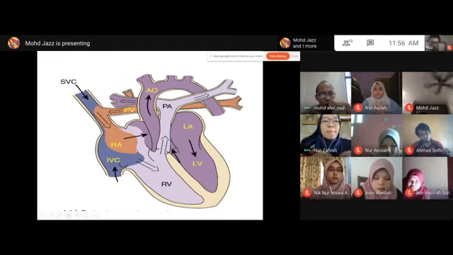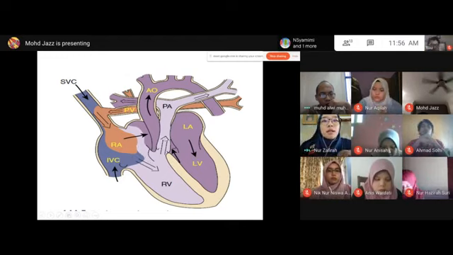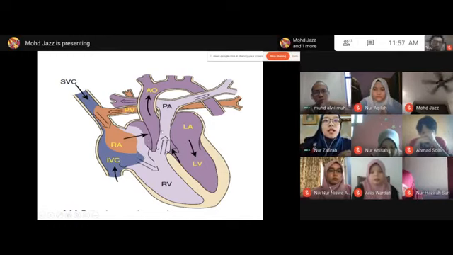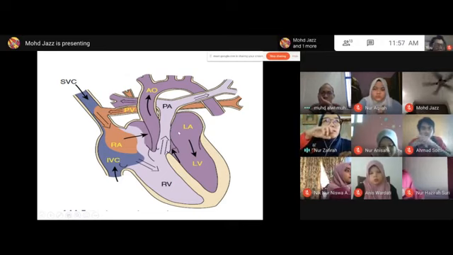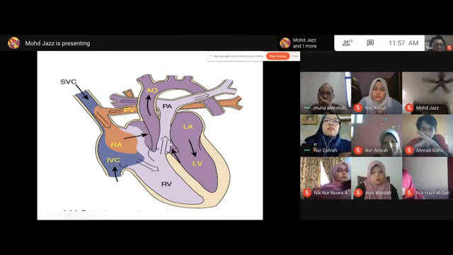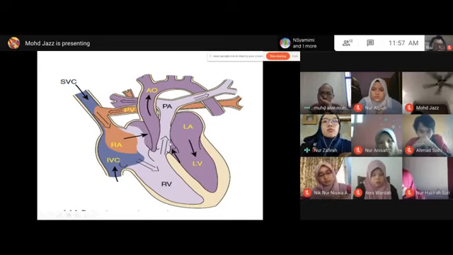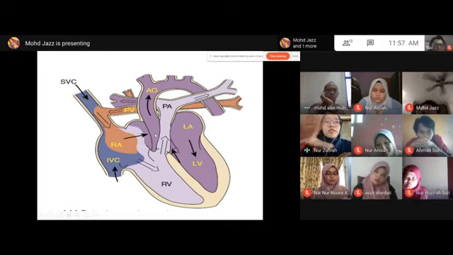So they must be mixing to make this baby stay alive. And then NSAD mentioned that usually the atrial level communication is more important compared to the ventricle. So that's for the total anomalous pulmonary venous return.